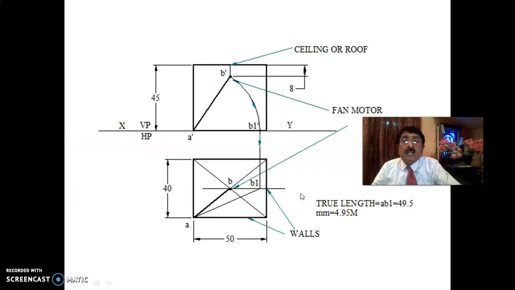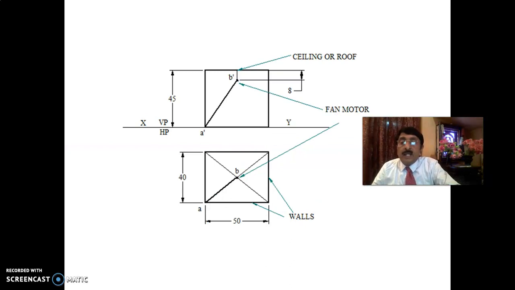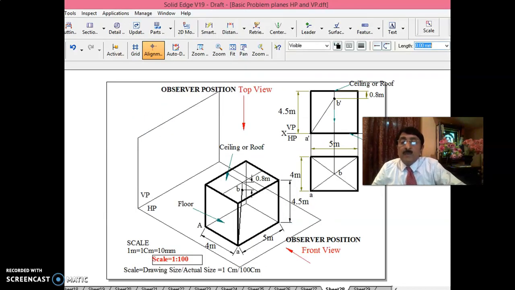Now I've told you this; again I'll tell you this particular thing. We'll revise it again in the next session, because many problems can be given here. Did you follow? This is the fan motor hanging 1.5 meters from the ceiling, which you would have made 1.5 centimeters.